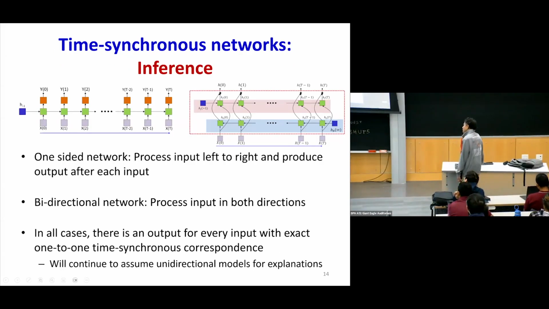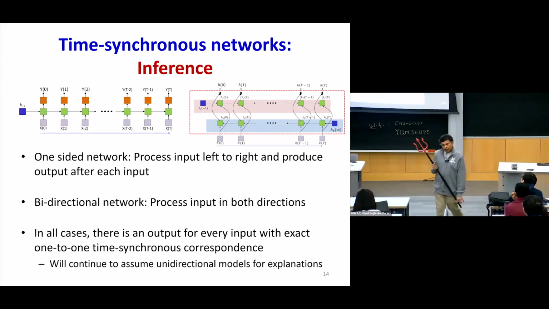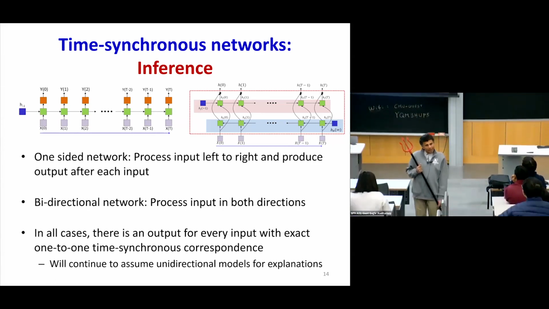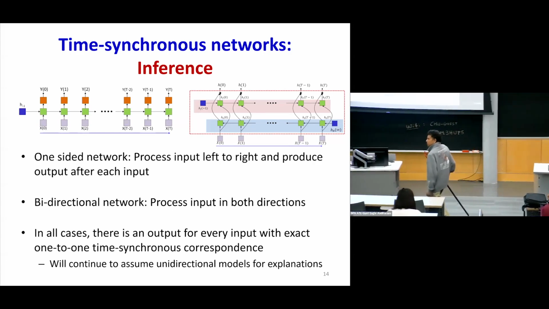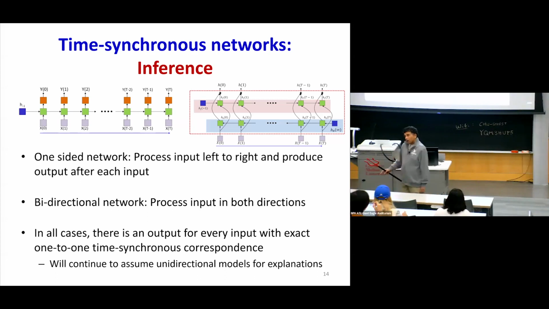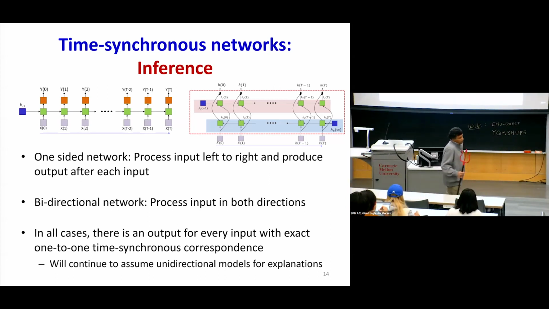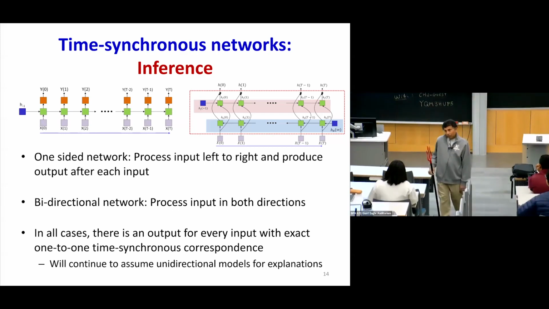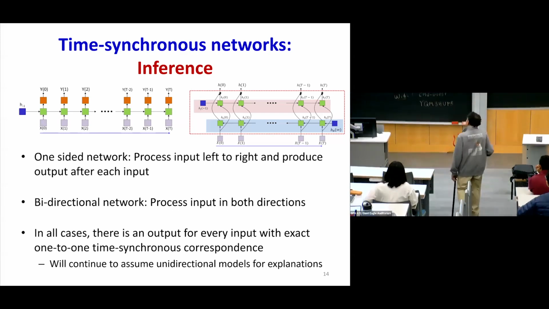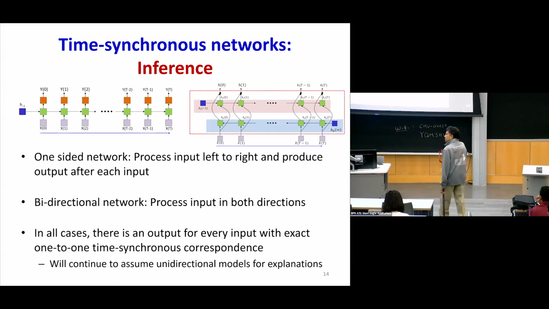You could do this either one-sided, where you analyze the input from left to right and then assign tags. This would be a causal process in that as soon as you saw each input, you would assign the tag and then move on. Or you could be looking at it bidirectionally, which would make more sense for the part of speech tagging problem, because information about what part of speech any given word is also encoded in the words that follow it.